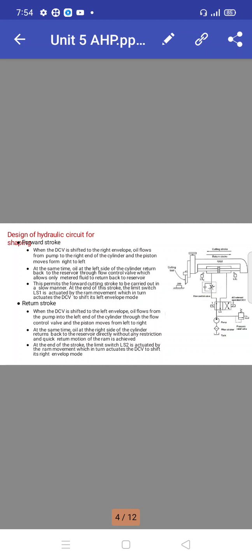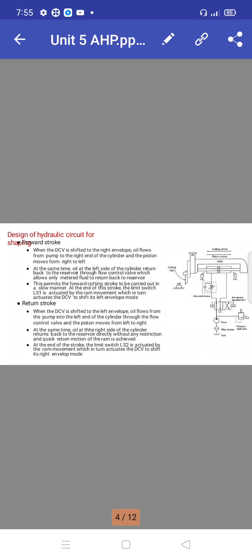At the end of the stroke, the limit switch, that is LS1, is actuated by the ram movement, which in turn activates the directional control valve to shift to its left envelope mode. So with the usage of the limit switch, it comes back in the opposite sense at a faster rate.